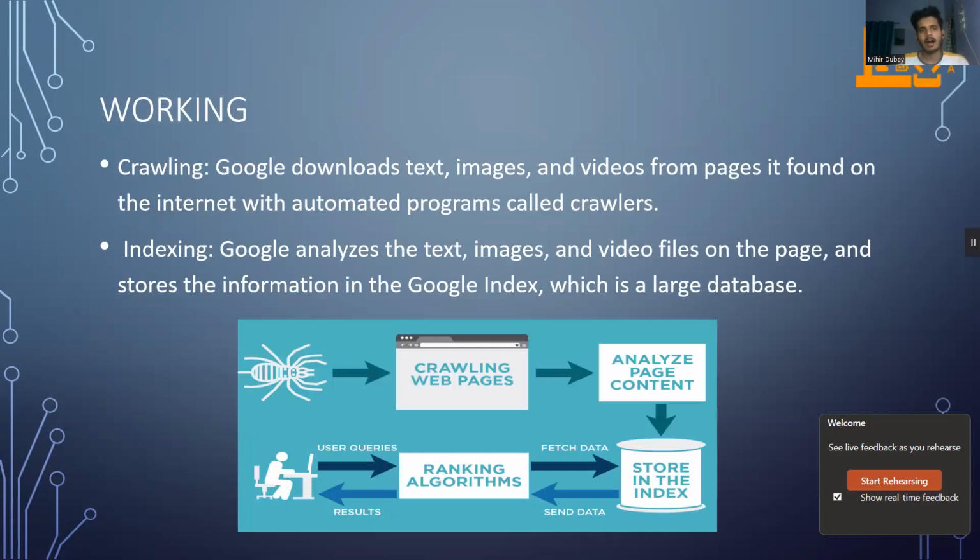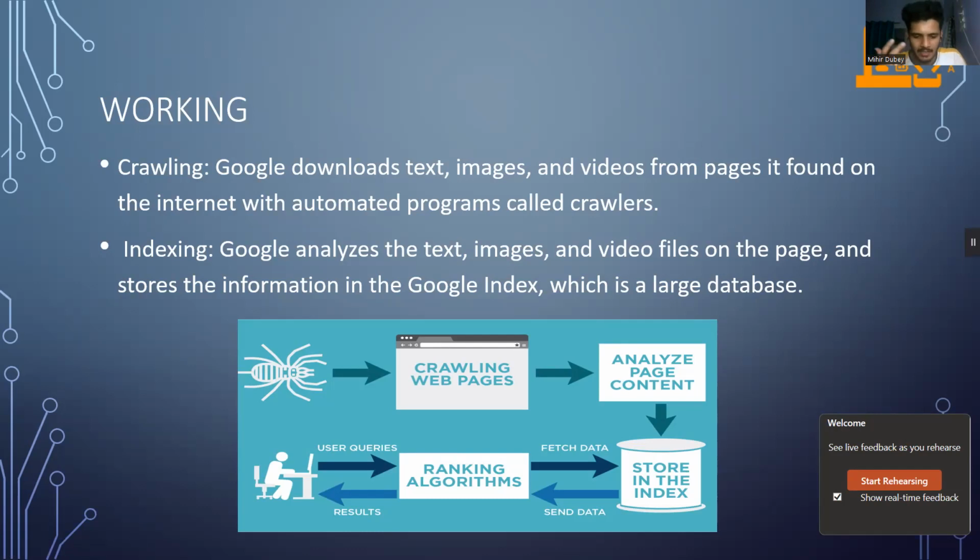So how does the Google crawler work? In crawling, Google downloads text, images, and videos from pages it found on the internet, using automated programs called crawlers. The crawler first identifies the site we want, then analyzes it and indexes all the resources fetched from different sources.